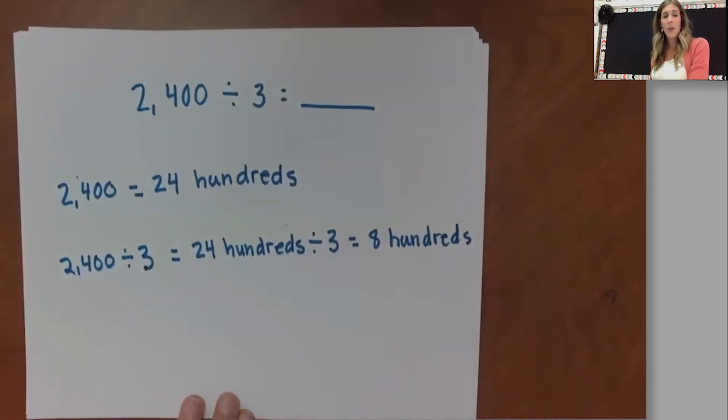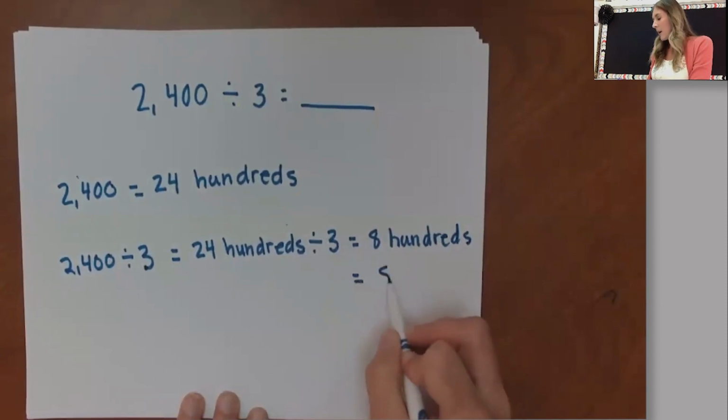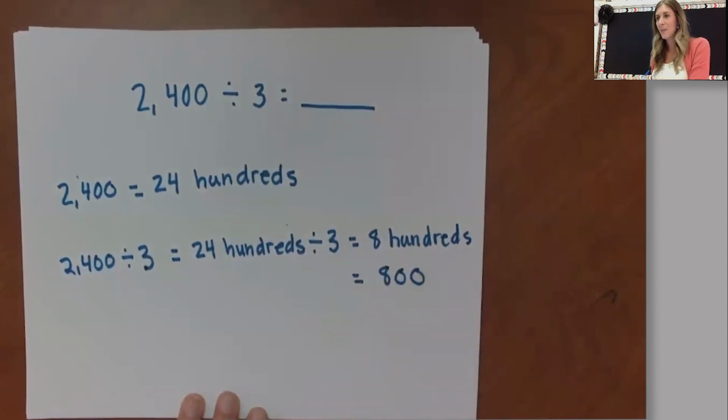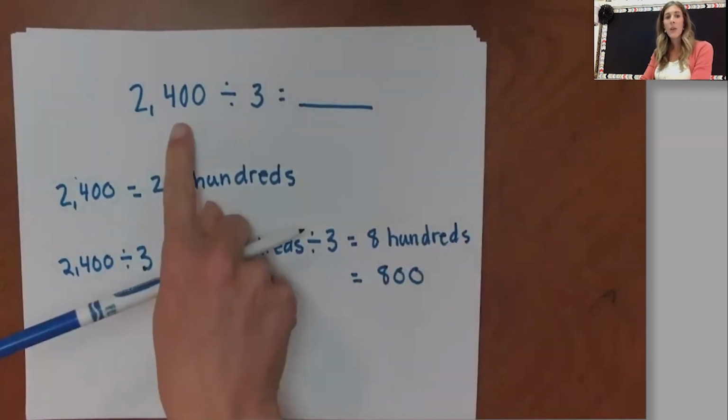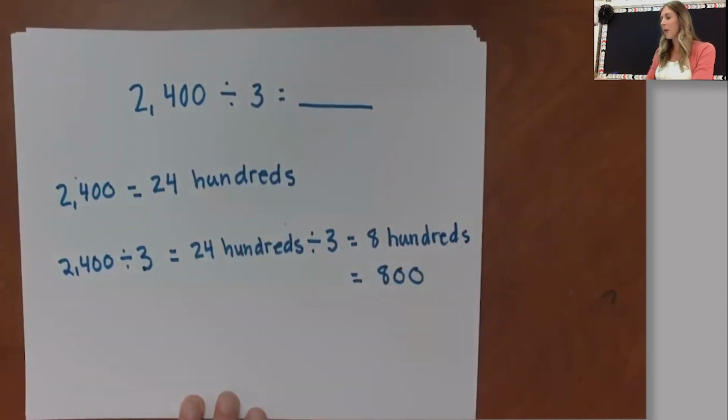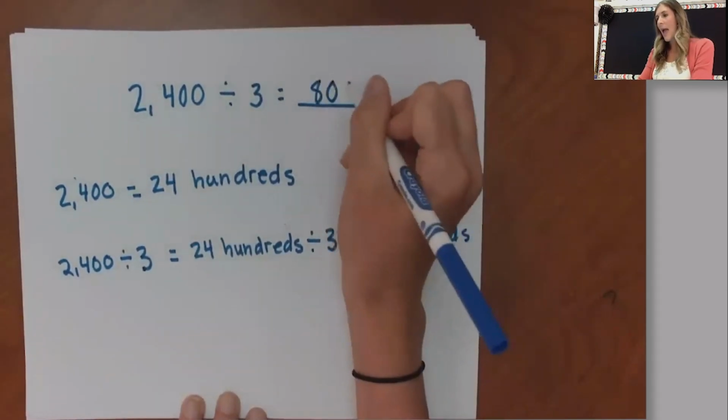And what is another way to write 8 hundreds? Very good, 800. So we know that 2,400 divided by 3 is equal to 800.